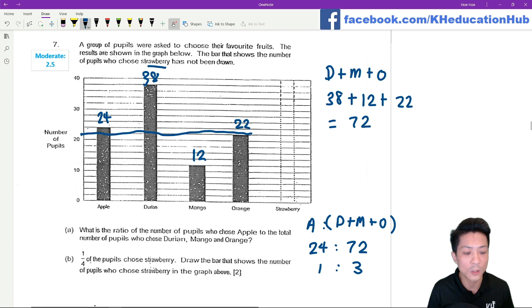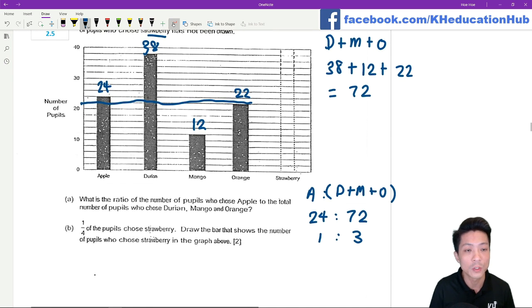Part B. A quarter of the pupils choose strawberry. Draw the bar that shows the number of pupils who choose strawberry. I'm going to do the working over here.